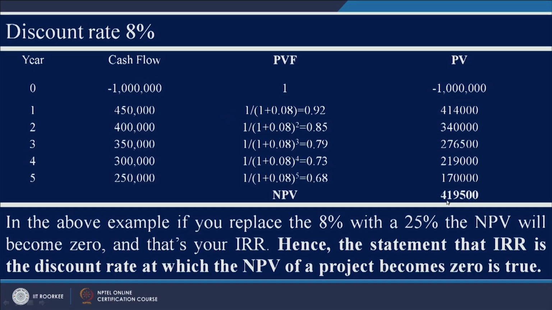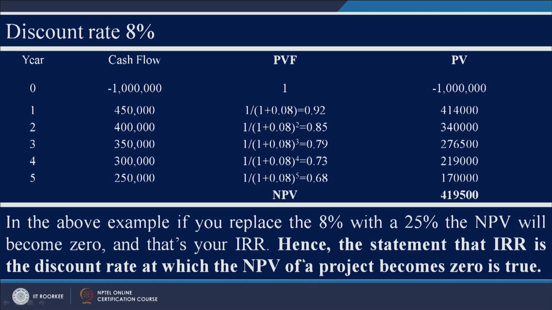So, you will get NPV is equal to positive, right. So, can we say that this is IRR of the project? No, because NPV is not 0, right. Had it been 0, we would have said this is IRR, right. So, if we replace 8% by, let us say, 25%, then NPV will become 0, and that would be your IRR.